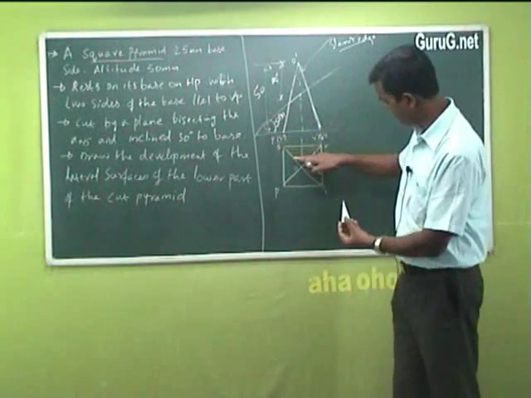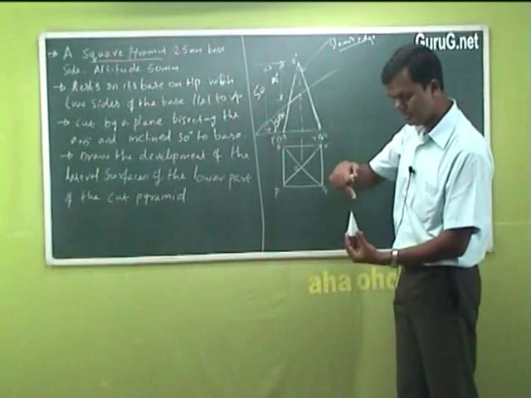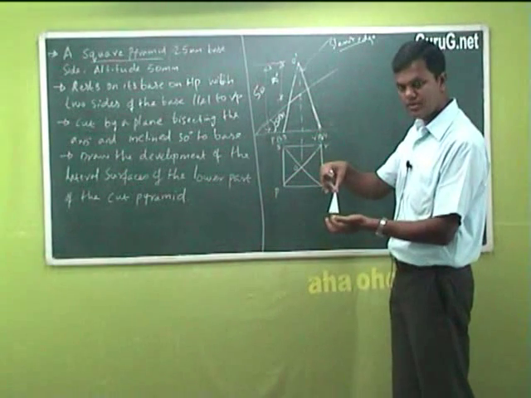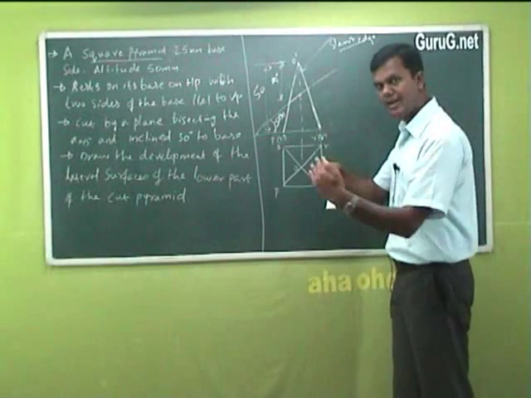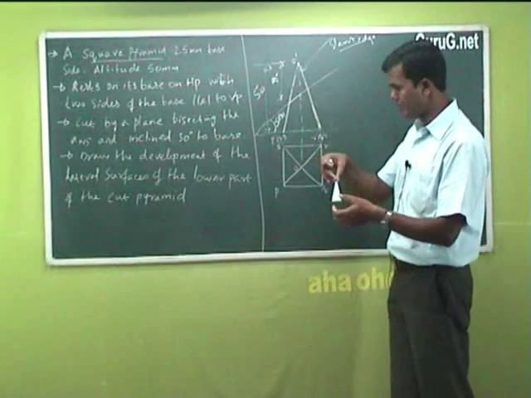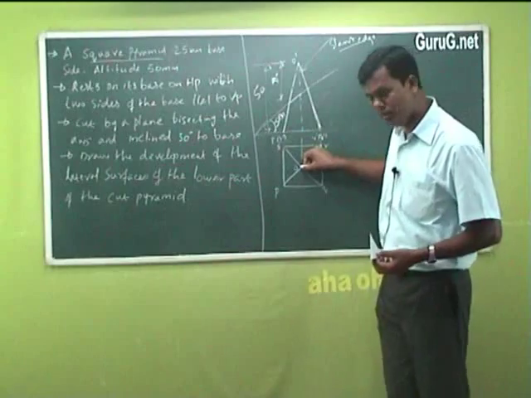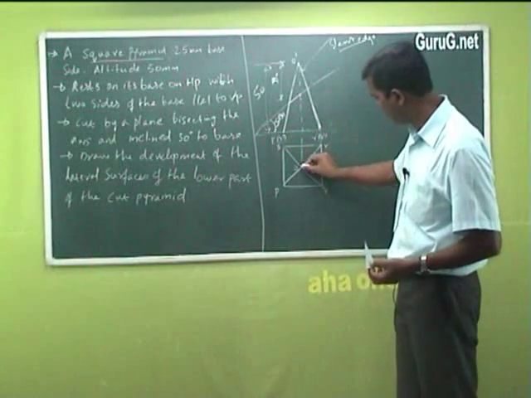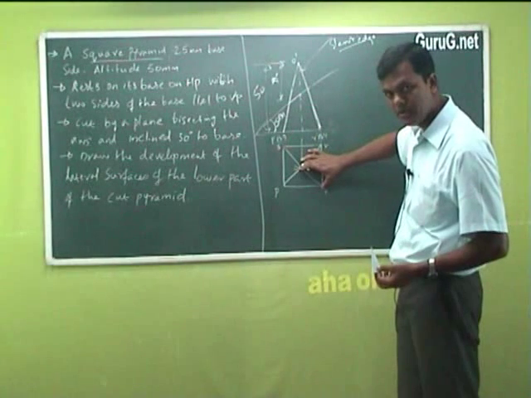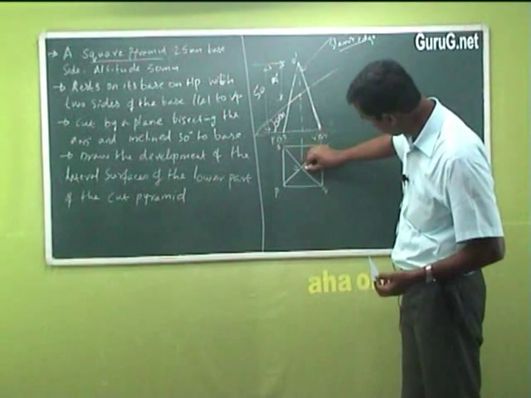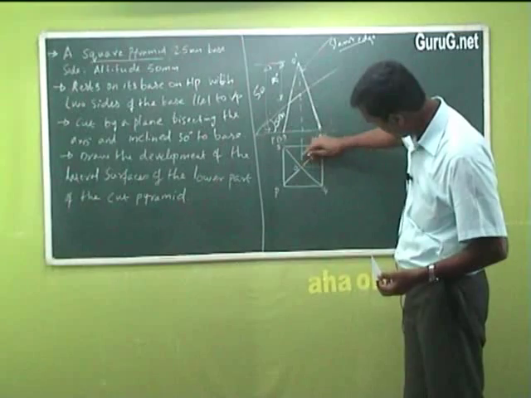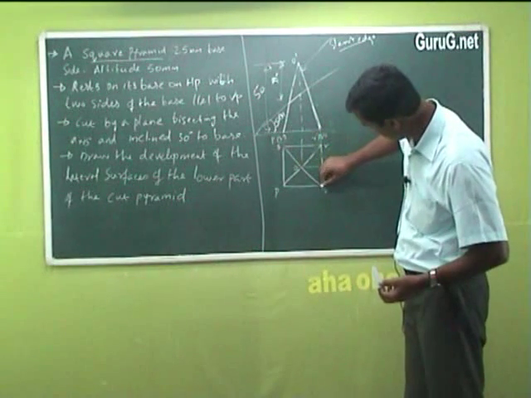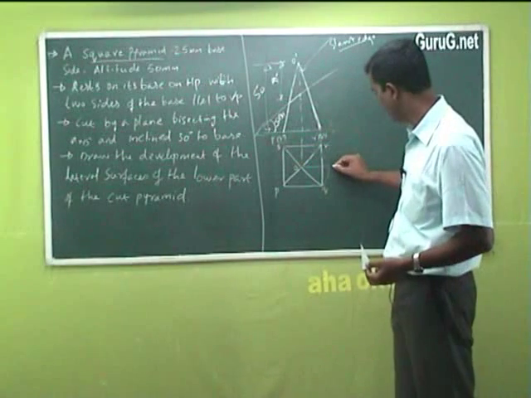That means all these 4 are these edges. Actually, from the center point the corners are at different angles. So what we do, from this point O, it is touching the Q point, you measure this Q point with the compass and you draw a horizontal line from O, just a normal line, and take your compass, rotate it, and bring it here.